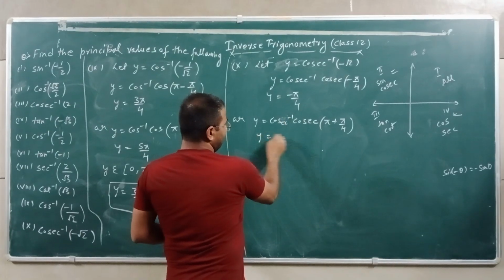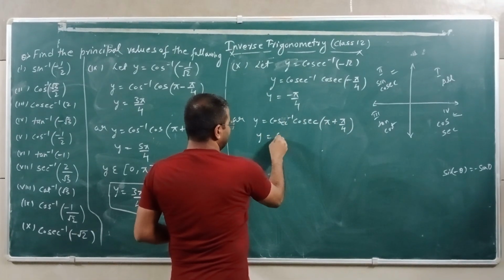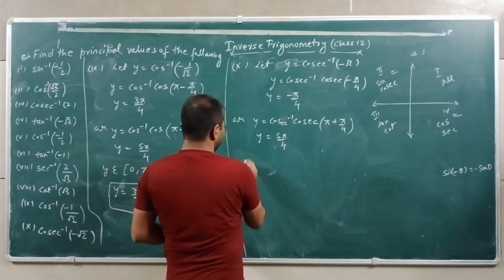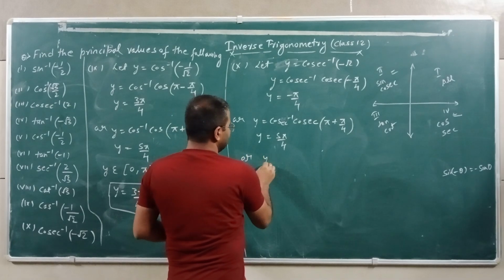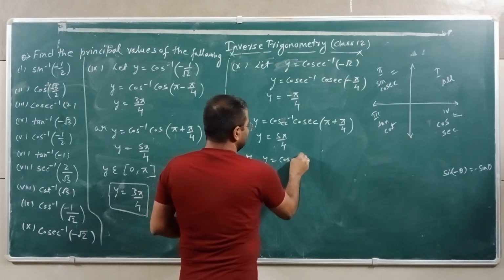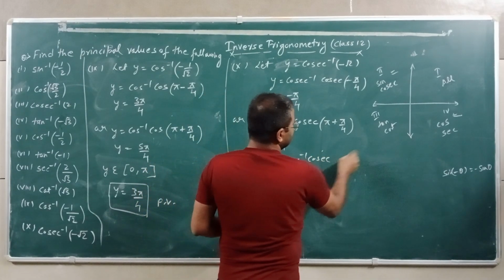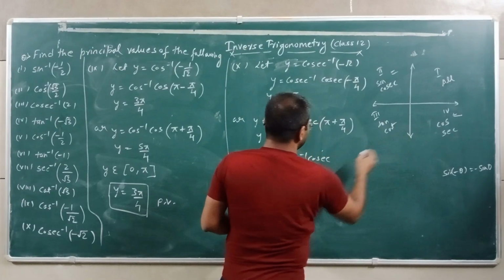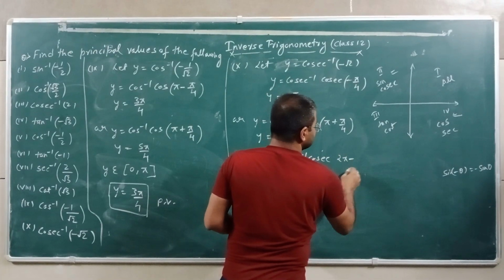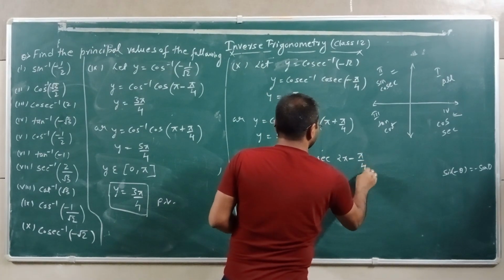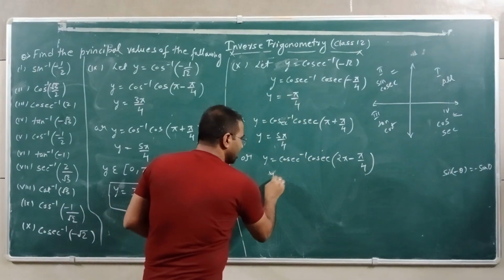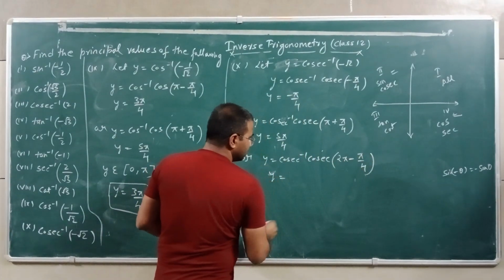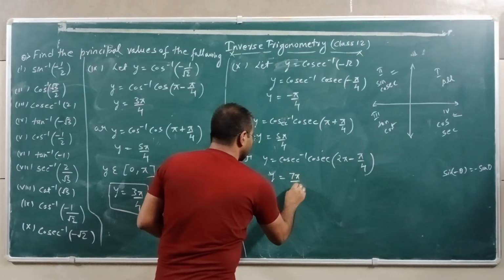Then y will come 5 pi upon 4. Or you can write y is equal to cosec inverse cosec, for the fourth quadrant, 2 pi minus pi upon 4. Then y will come 8 minus 1, 7 pi upon 4.